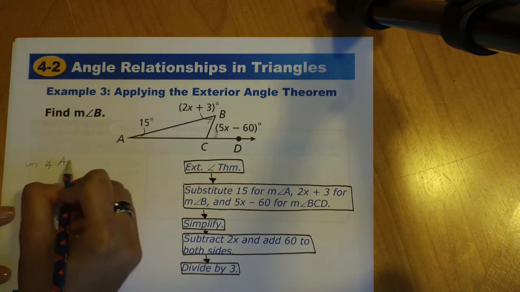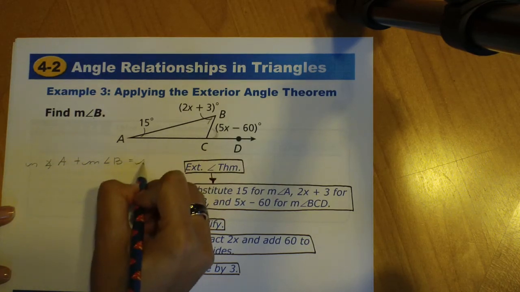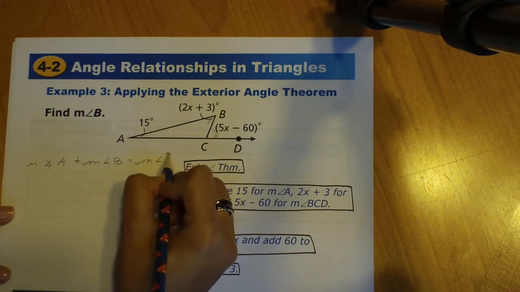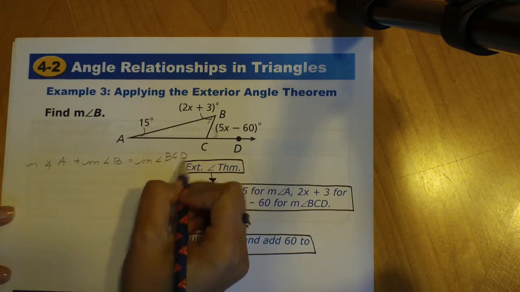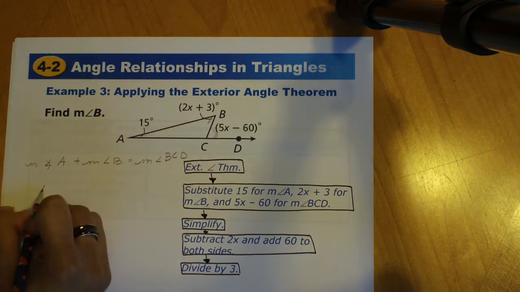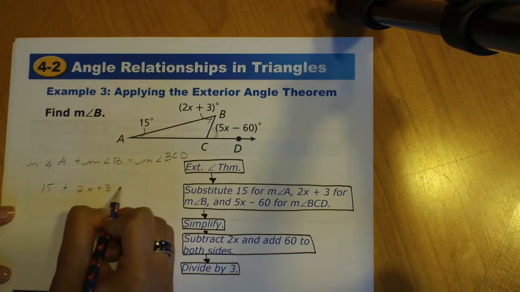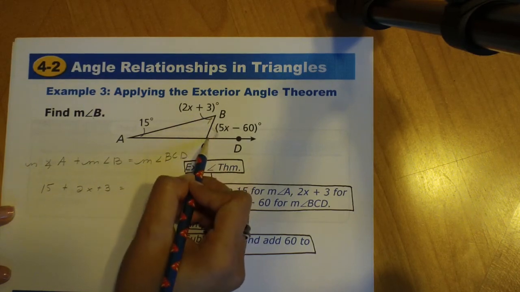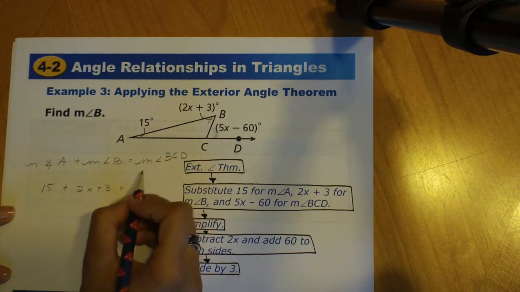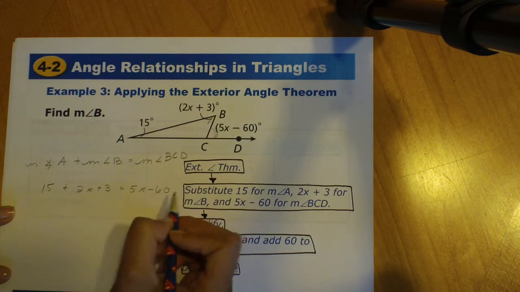The measure of angle A plus the measure of angle B equals the measure of angle BCD. And then we're just going to substitute all of the values that we have. So A is 15, B is 2x plus 3, and BCD, which is the exterior angle, is 5x minus 60.